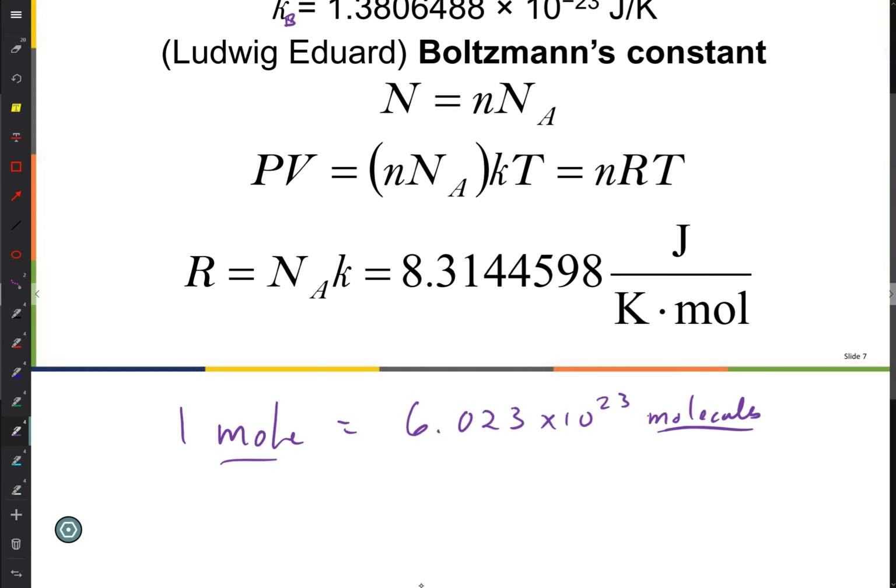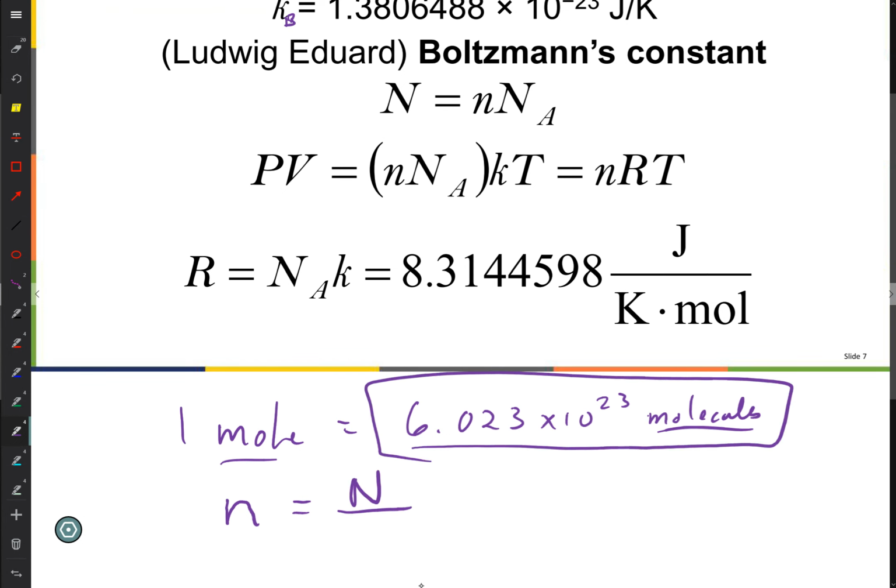So we define the number of moles, lowercase n, as equal to the number of molecules divided by this number, which we call Avogadro's number. And so it's a simple calculation.